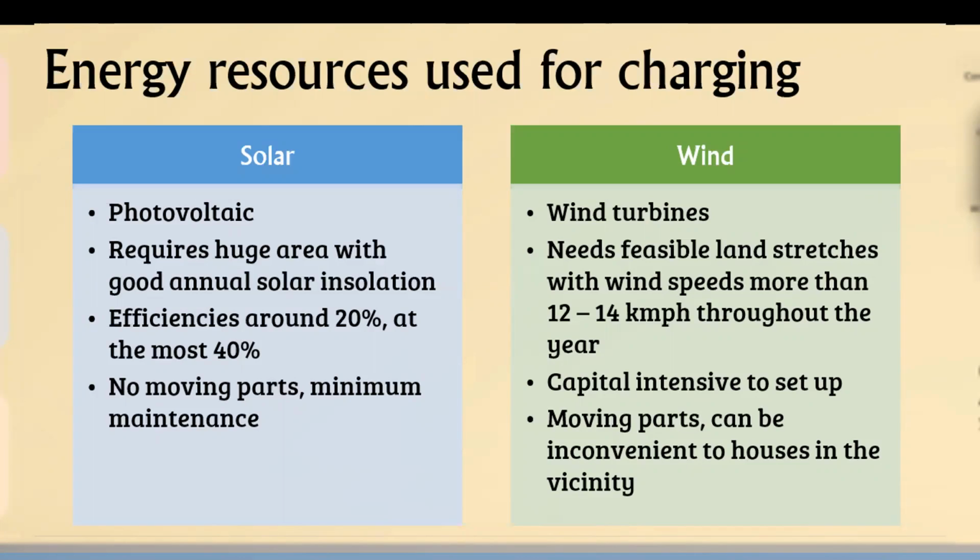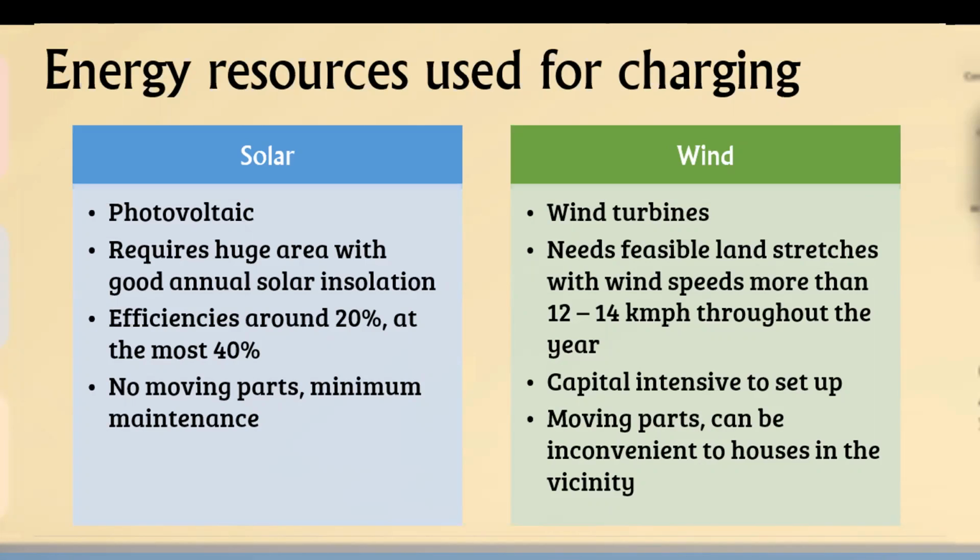The efficiencies we see in solar panels are of the order of 20%, and on rare occasions when all the ideal conditions are met, they can reach up to 40%. There are no moving parts, so no maintenance is really required, except maybe for cleaning the panels.